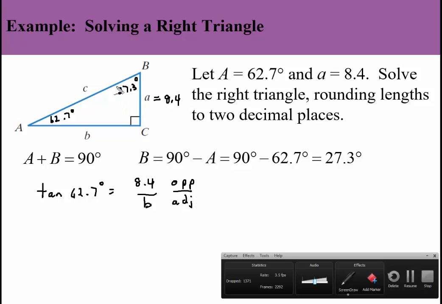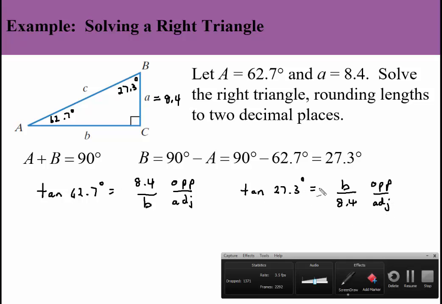Or if you use this 27.3 degree angle, you may say something else. You may say, well, the tangent of 27.3 degrees equals, what's opposite of this angle? B over here would be B over the adjacent, 8.4.